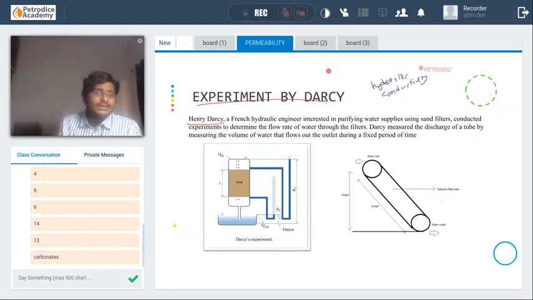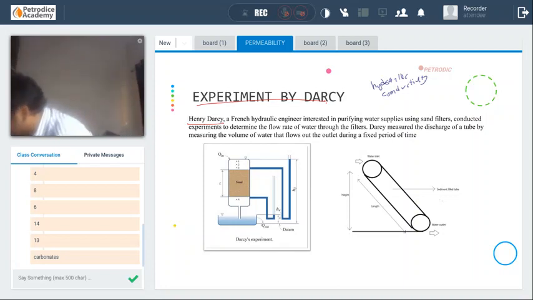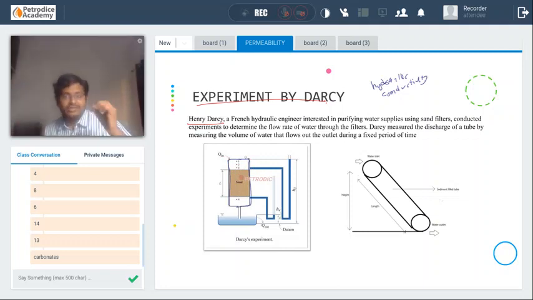This particular French hydraulic engineer, what he had done was, he had taken a vertical cylinder in which he has placed sand in between them.